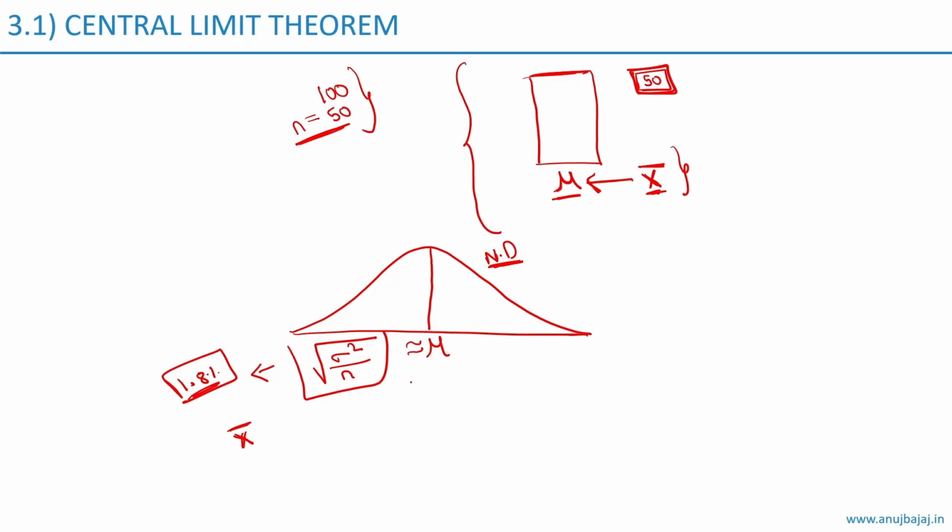In this case, the average of all the observations is the population mean. So we can say that on average, the sample mean deviates 1.8% from the population mean. Similarly, the sample that we have drawn, its sample mean deviates 1.8% from the population mean.